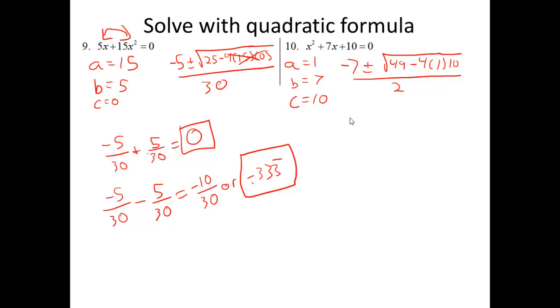So we have negative 7 over 2 plus square root of, now 49 minus 40 is going to be 9 over 2. We have a negative 7 over 2 minus square root of 9 over 2.